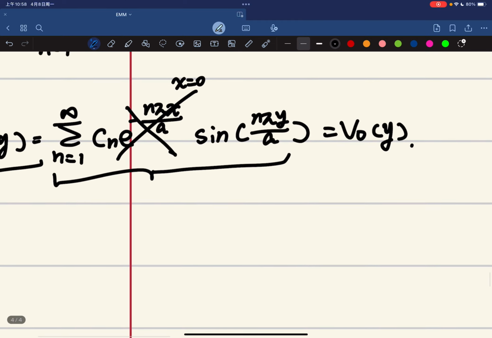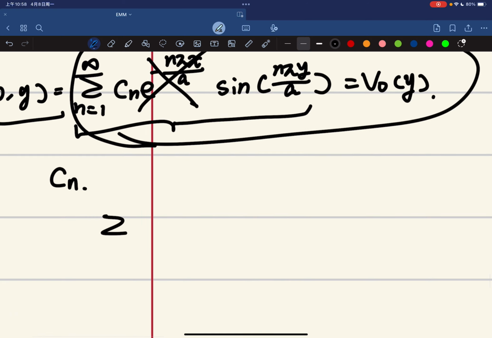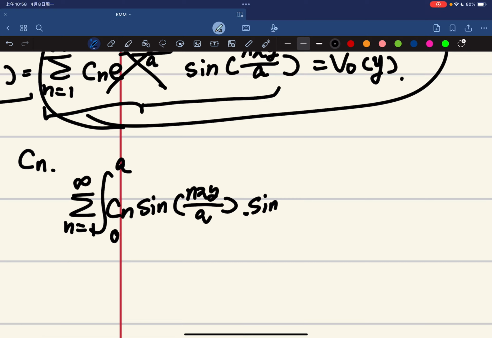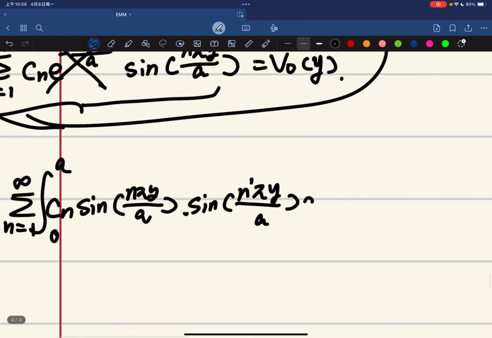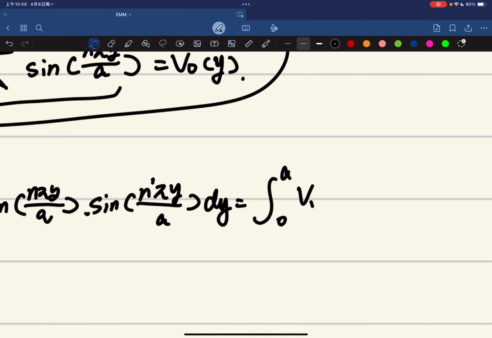So now I need to solve this equation and solve for Cn. Okay, so now let's apply an integration with respect to sine to both sides. So this will be fine because I applied this integration to both sides.